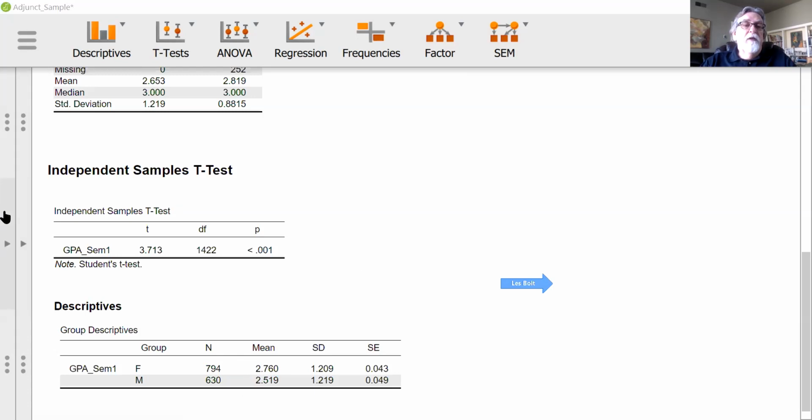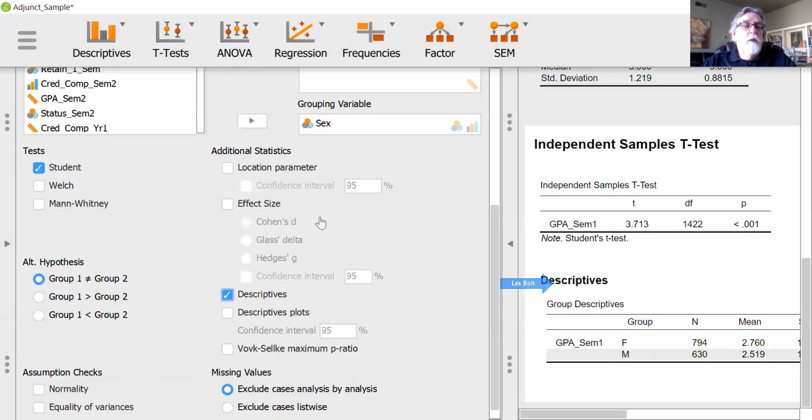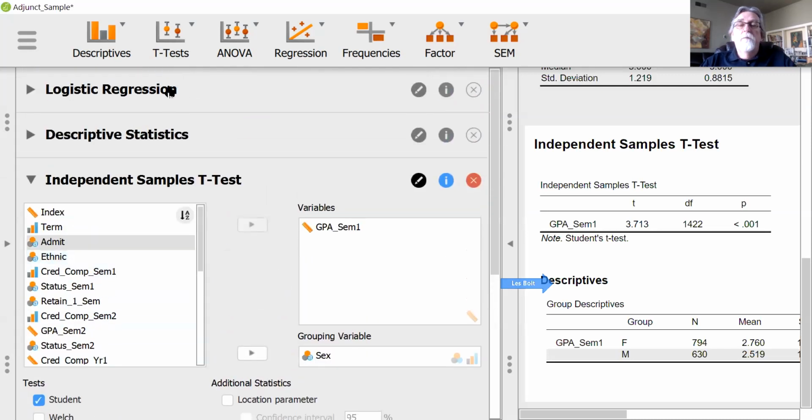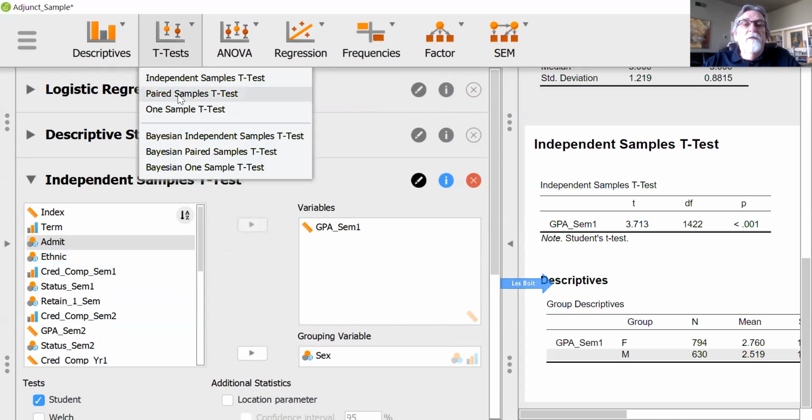Now, let's ask the question as to whether there is a significant difference between the first semester GPA and the first year GPA. And so that's a paired sample.